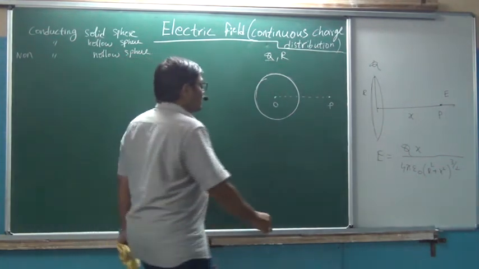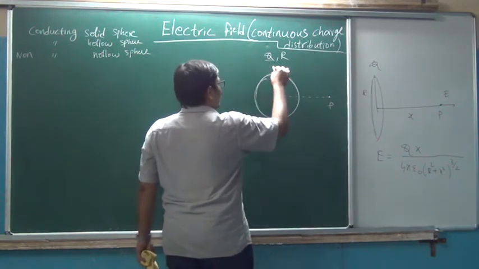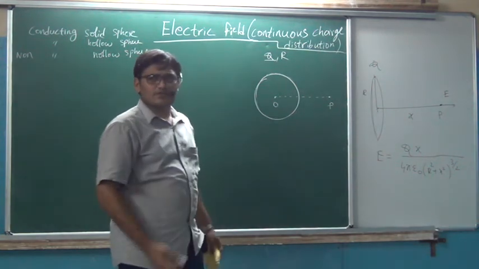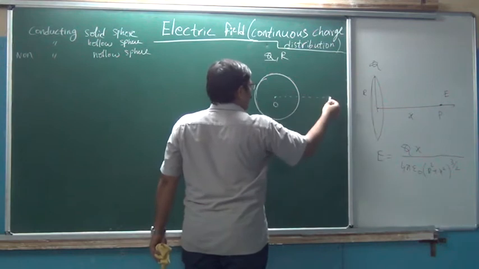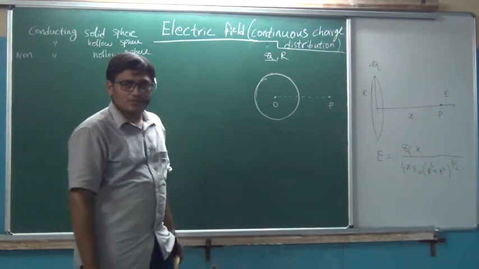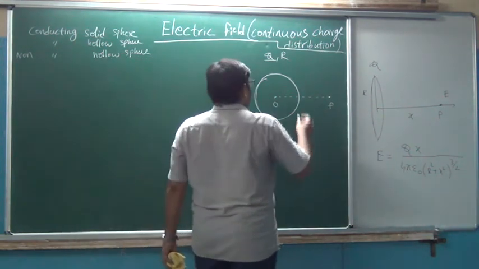Electric field at point P due to this configuration. Configuration in the sense of arrangement. So we need the electric field at point P due to this configuration. We are supposed to calculate that.